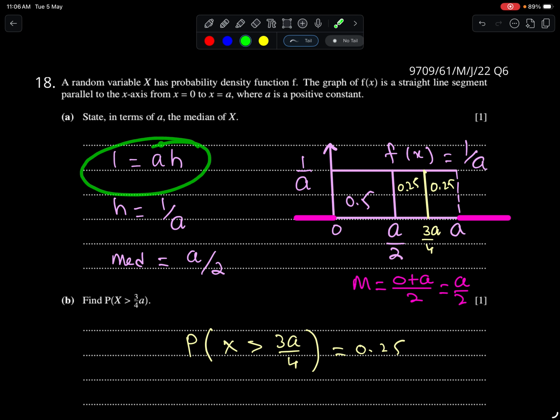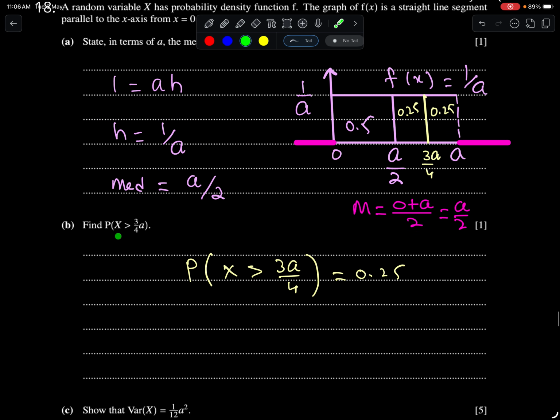I used the area method, but this method is simple. X greater than 3a upon 4. So this is so simple. 3 upon 4 of a means 75%. You can write this as x greater than 0.75a. So this is 50%, right?